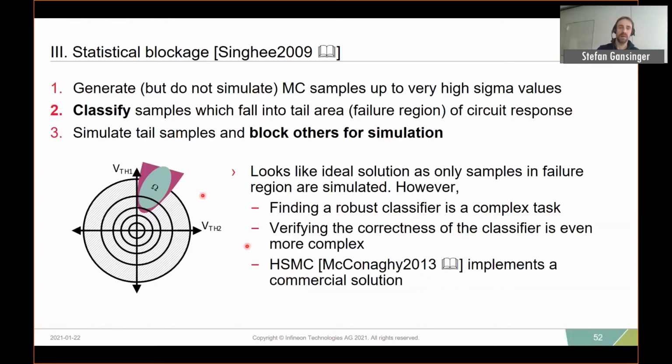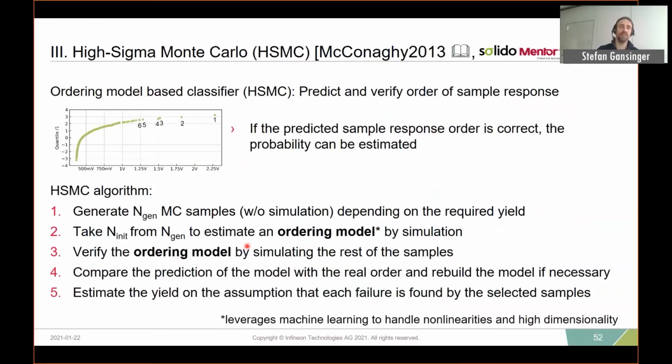In this high sigma Monte Carlo tool from Solido, they have the idea of a so-called ordering model for the classifier. The ordering model is they try to predict the order of the samples in the output response.